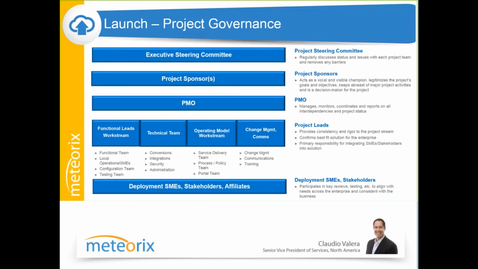Project management office is critical, and that'll be a combination of you as a customer providing a project manager and governance, as well as your implementation partner providing an engagement or project manager to help partner and drive the success of that project. And then you start to look at the different workstream leads, for example, the functional workstream leads, the technical teams, the operating model workstreams, and absolutely change management and communications as well.